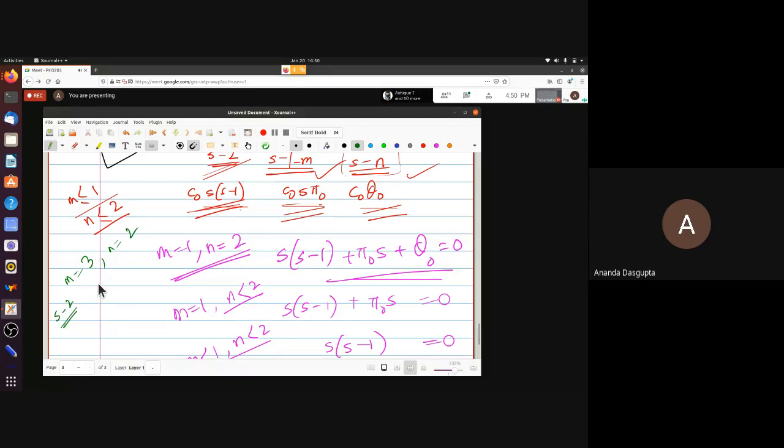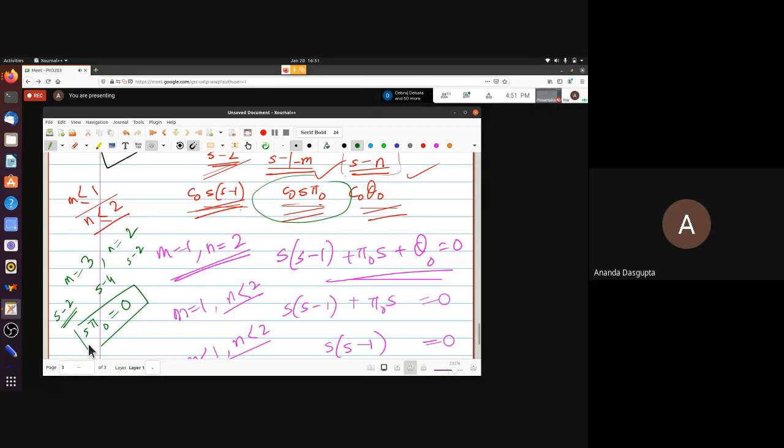The py prime term gives you s minus 4, that's the power of z, and this one gives you s minus 2. Among the three, which one is the smallest? Of course, s minus 4 is the smallest. And since the other two cannot give you a term of the type z to the s minus 4, the only term which will give you z to the s minus 4 is this one. So the equation will become s p0 equal to 0.